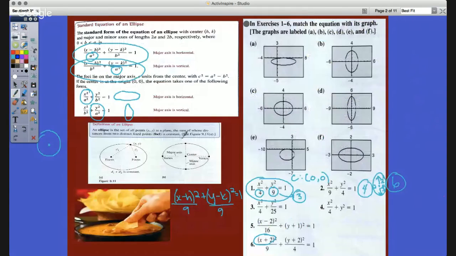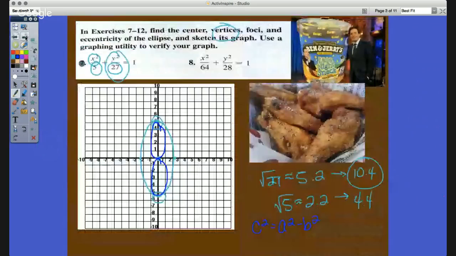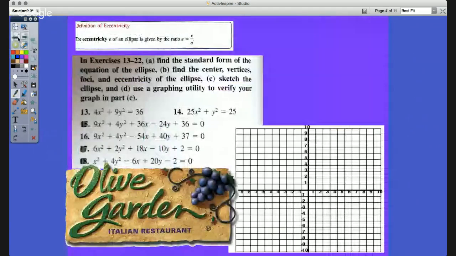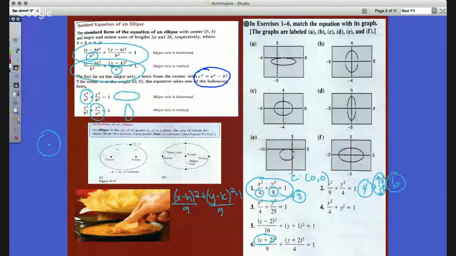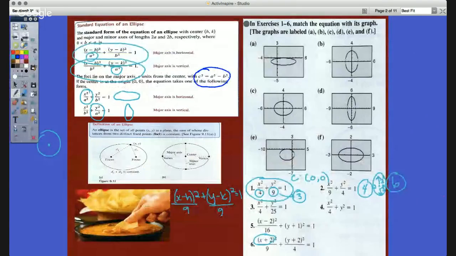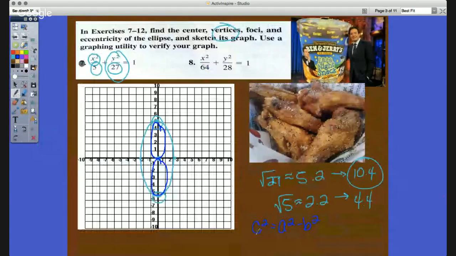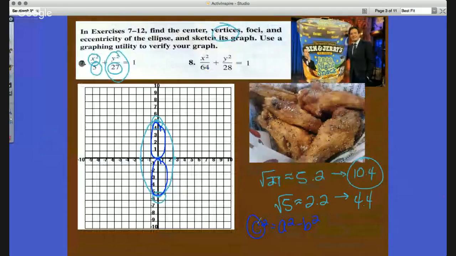C squared, where did I put that? I want to make sure I show it to you. Not there. Apologize, I'm going all around. C squared equals a squared minus b squared. You see it right there. So to find my foci, it's the distance c from the center.